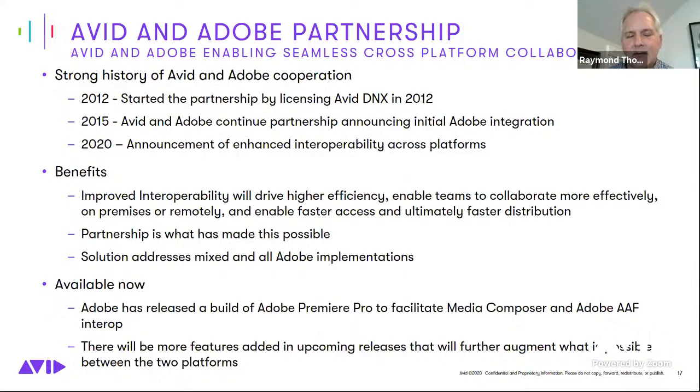Then in 2015, we introduced the ability to have a panel-like experience on the older version of MediaCentral UX and the old storage platform known as ISIS. And now with 2020, you can see a significantly improved amount of interoperability that's been added across the board, both in MediaCentral Cloud UX and now in editorial management.